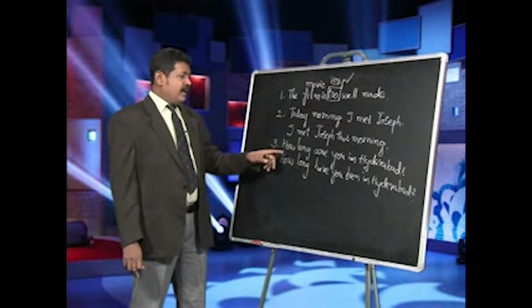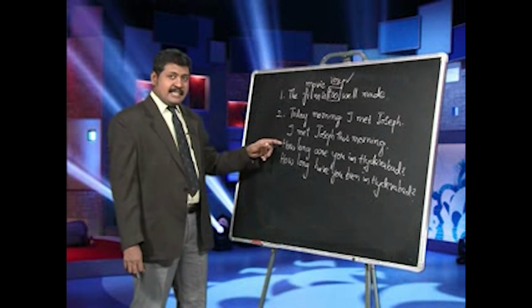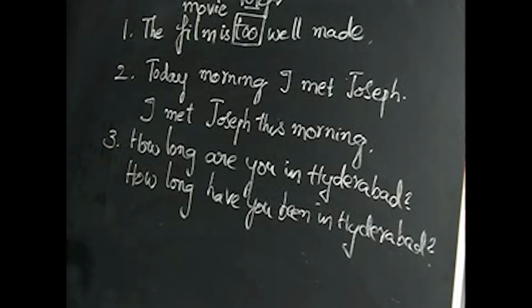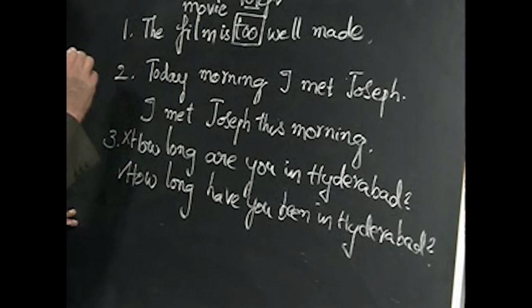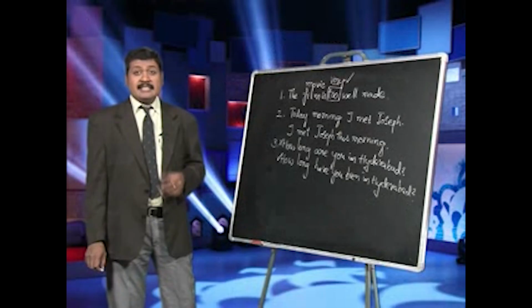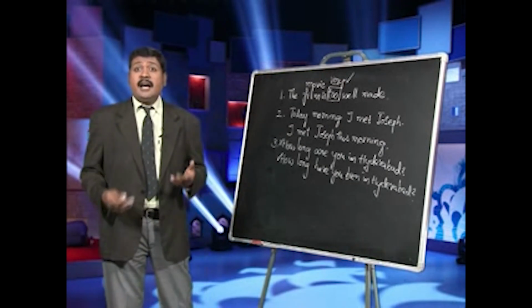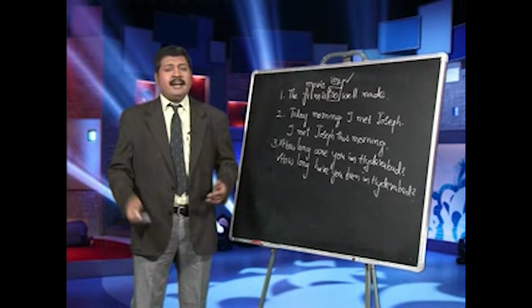So, when compared to the first sentence, the second is much better. The first may not convey the idea properly when compared to the second sentence. The second one says, how long have you been in Hyderabad, or how long have you been living in Hyderabad?